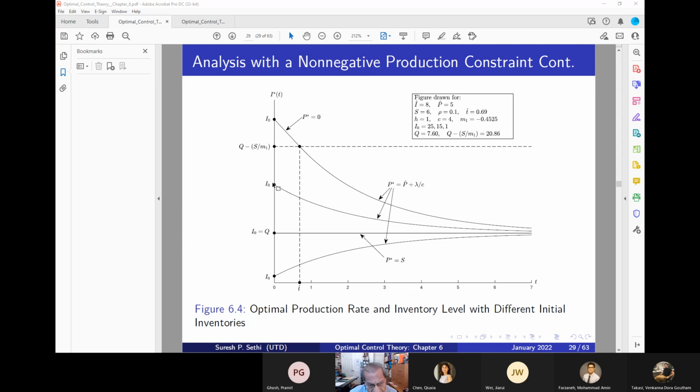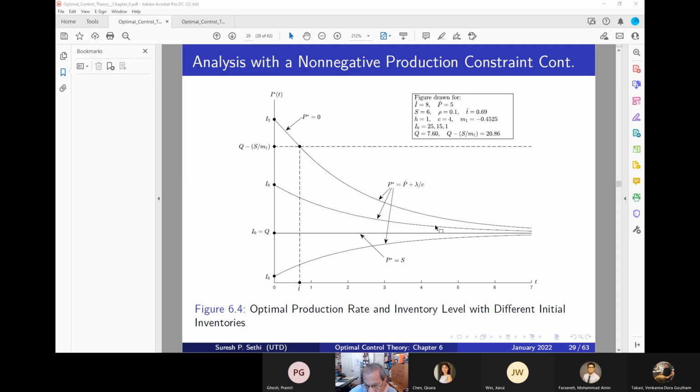If I0 is not too large, and the too large is given by this number here, so if it's between this quantity, you will see that I will have a P star equal to P hat plus lambda by C. This is where the P star equals S, and I will eventually get to S, but asymptotically.